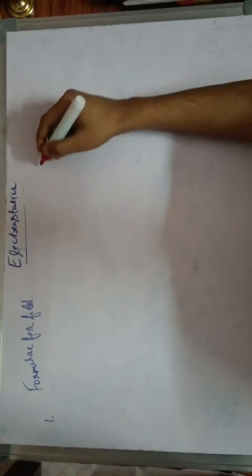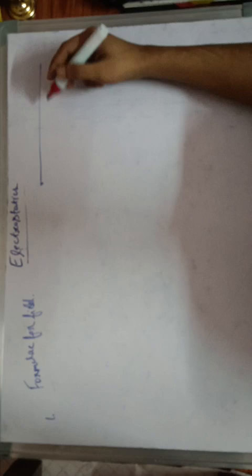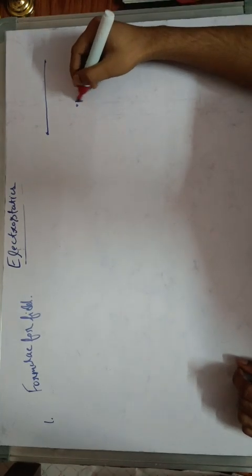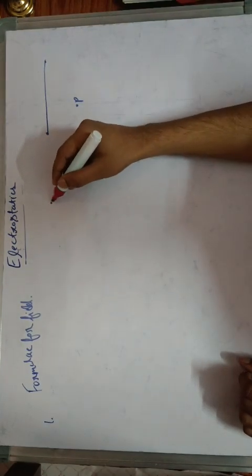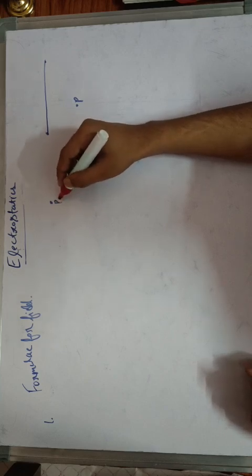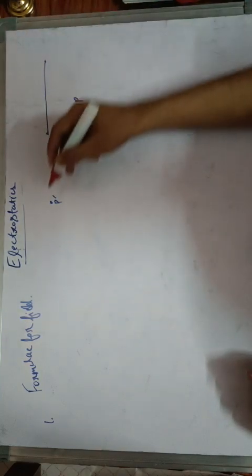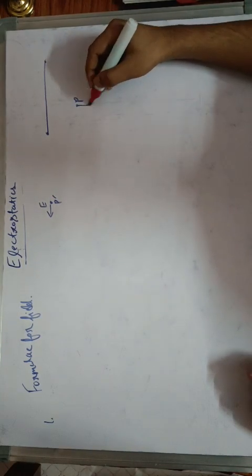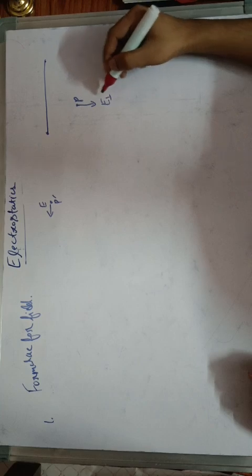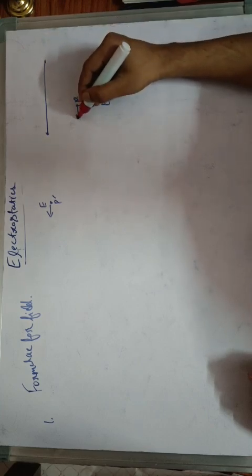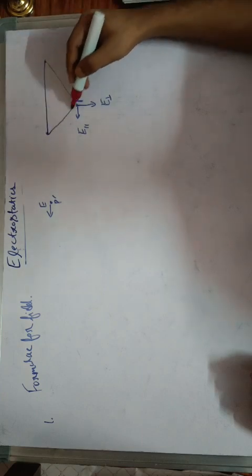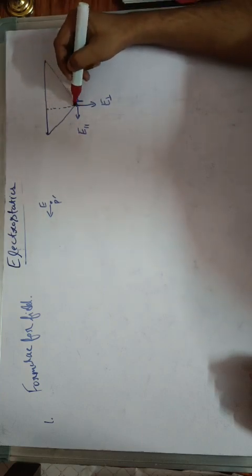If there is a finite line here, and a point P here, the electric field at this point has a perpendicular component and a parallel component. You join the lines and get a perpendicular distance here.